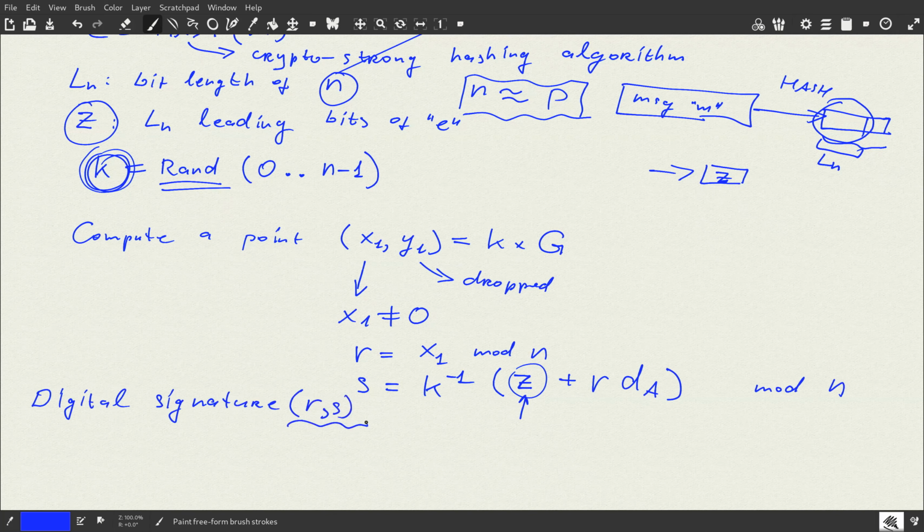Now, how to verify this digital signature? That's pretty much easy. Some technical checks.